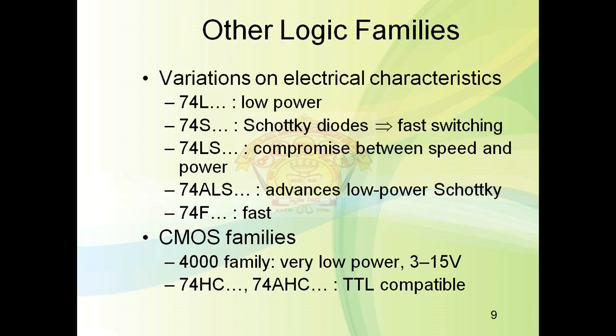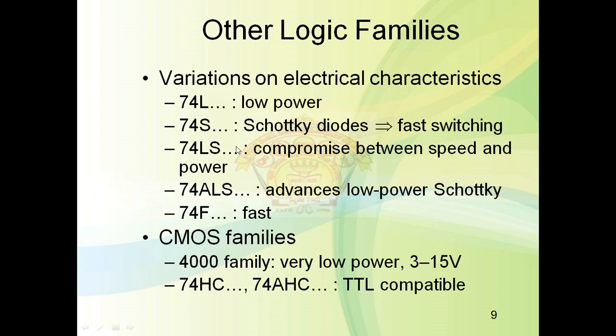For fast switching, the 74S series is there, and there is a compromise between the two technologies: 74LS technology is low power and high speed. That is achieved by the 74LS technology.